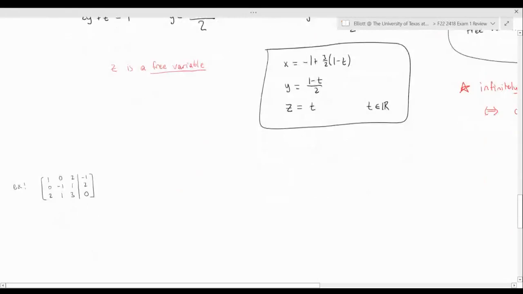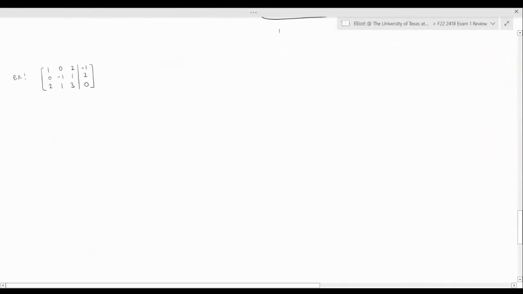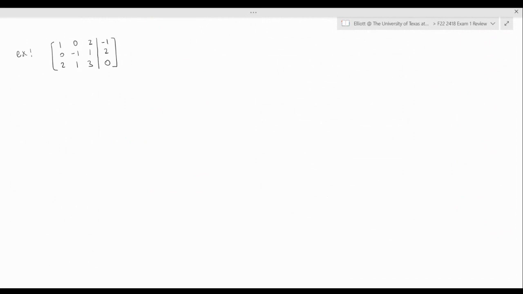And then just real quick, and then I'll move on to something else next. Let's look at one more example here. If we try to do elimination on this, we'd start by doing row 2 minus 2 row 1. Okay, so if we do these operations, 3 minus 4 is -1.